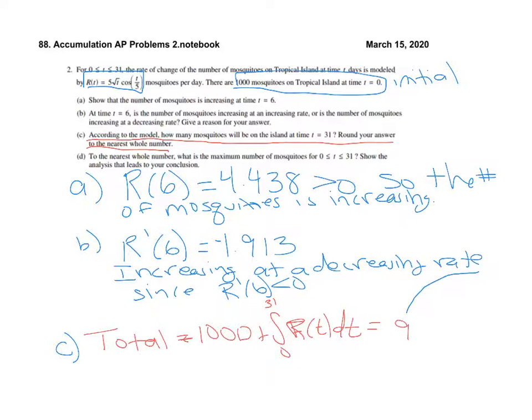And I get 964. And that's it. Literally, there's no work to be done, guys. This is such easy points. Initial plus the integral over the period of time. That's all you need to remember. The initial is important, though.